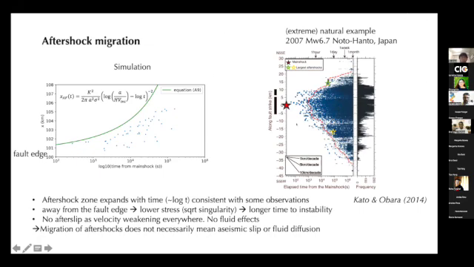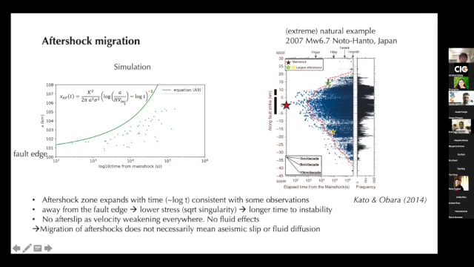From observations, many earthquakes show a temporal expansion of the aftershock area. This is an extreme natural example from the Noto Hanto Japanese earthquake. In this case, the aftershock expansion is very rapid and the final aftershock zone is much larger than the mainshock fault.